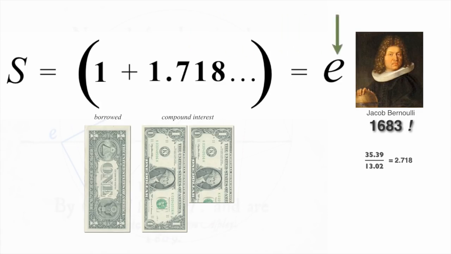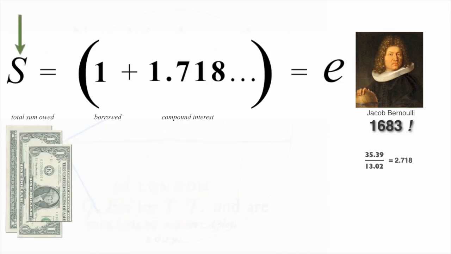Total is E, or $2.718, which we owe the bank. Now, both Newton and Bernoulli concluded that the total, 2.718, was what was really important, and they ignored the 1.718 part. Consequently, it's not considered important in its own right, even today.